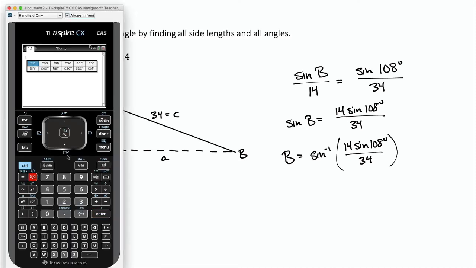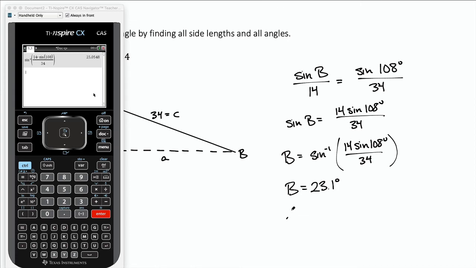Go ahead and plug this into our calculator. And that gives us our angle B, about 23.1 degrees.